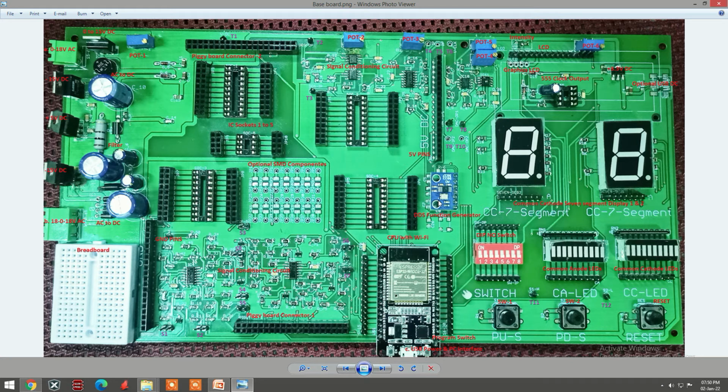Okay. Then the third part, that is the oscilloscope, or logic analyzer. You can see there is a CPU here, a 32-bit RISC controller, along with the Wi-Fi part. All these signals, you can see there are pins here, there are pins here. These are already connected to these sockets.